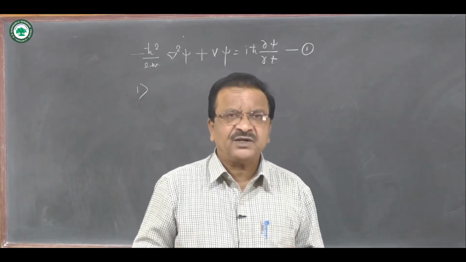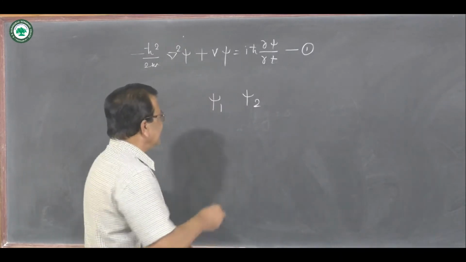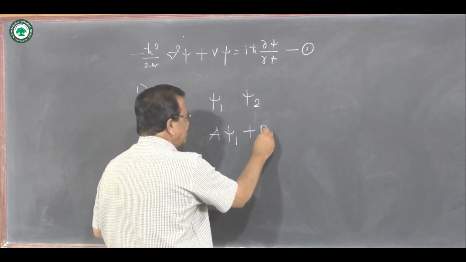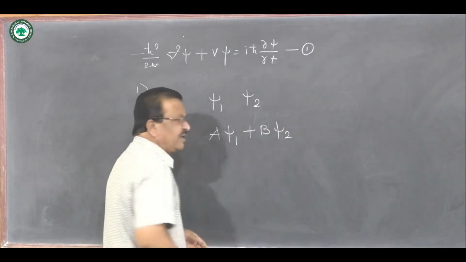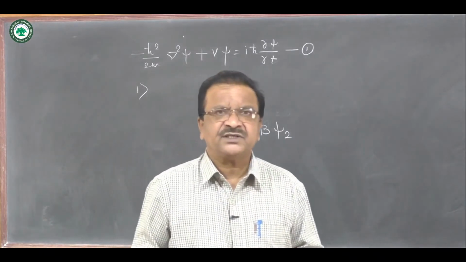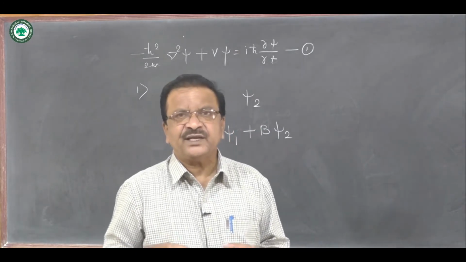If psi 1 and psi 2 are the two solutions of this equation, then their linear combination, namely a psi 1 plus b psi 2, where a and b are constants, is also a solution of the equation. So this is a very important property.